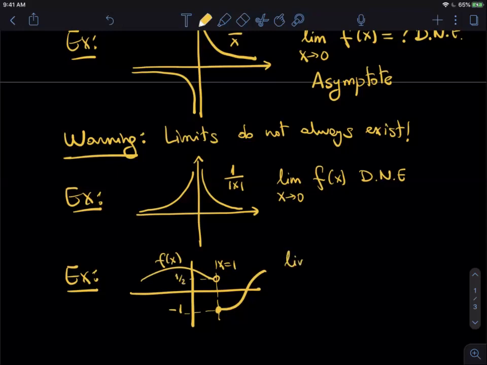In this case, the limit when x tends to 1 also does not exist. You see why? Because as we approach from the left or from the right, they don't come close to each other. Those are different possibilities that we will see happening. In the next few videos, we are going to keep working on these ideas: when do limits exist, when they don't exist, approaching from both sides, and then learning how to compute limits.